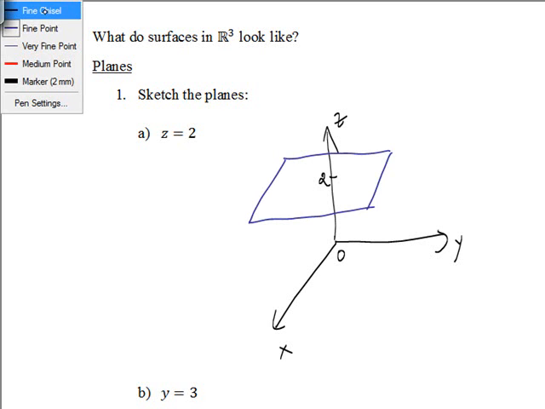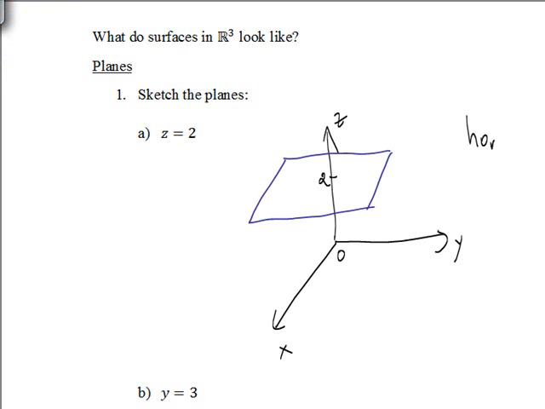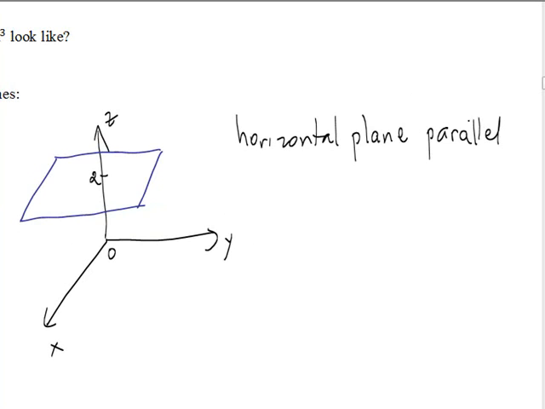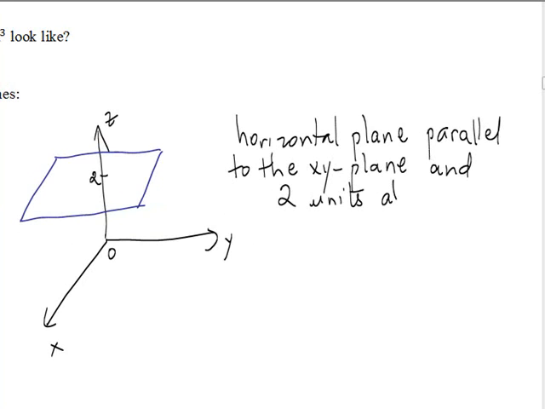And so we can describe it as a horizontal plane parallel to the xy plane and 2 units above it. So that's the plane z equals 2.